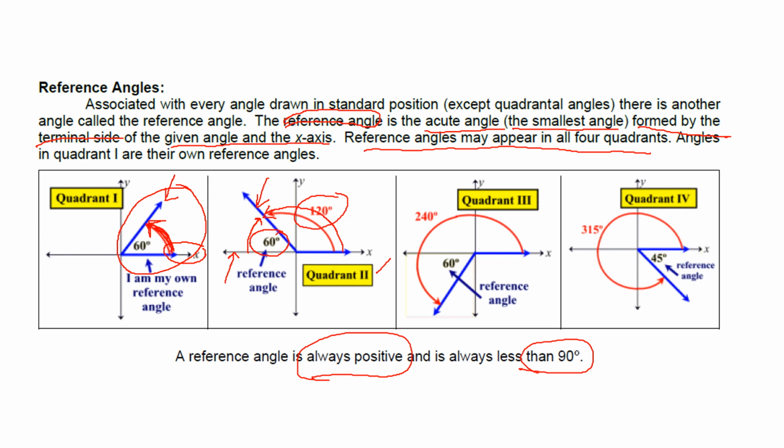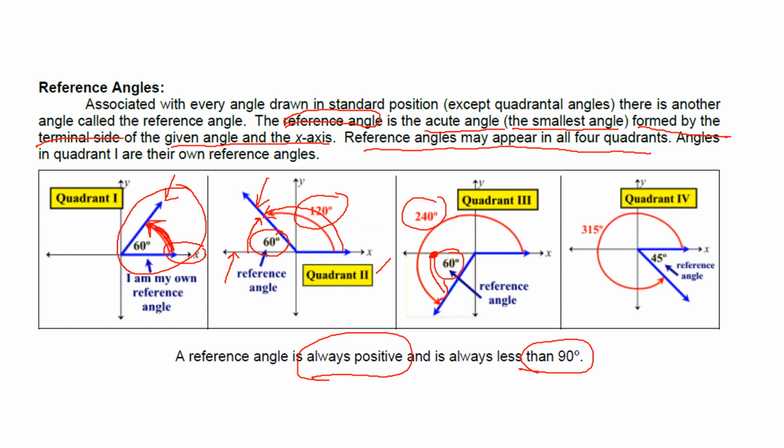Now, how about in quadrant 3? In quadrant 3, you have 240 degrees, this red arrow. Again, how do we find the reference angle? It should be the smallest angle coming from the x-axis to the terminal side. So this is the x-axis, then going to the terminal side. This is 60 degrees.